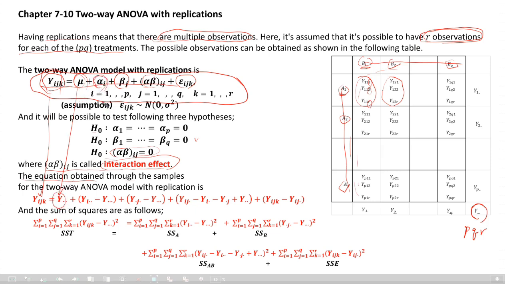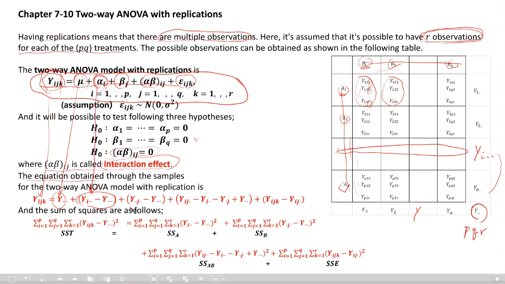Alpha i is the ith level effect, the treatment effect of factor A, right? So y i dot dot is the mean of the ith treatment of factor A. So y i dot dot minus y dot dot dot is the estimator of alpha i.